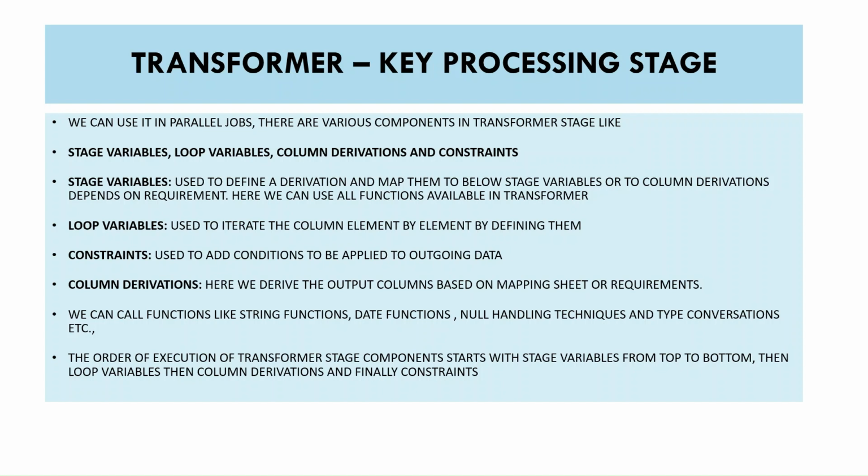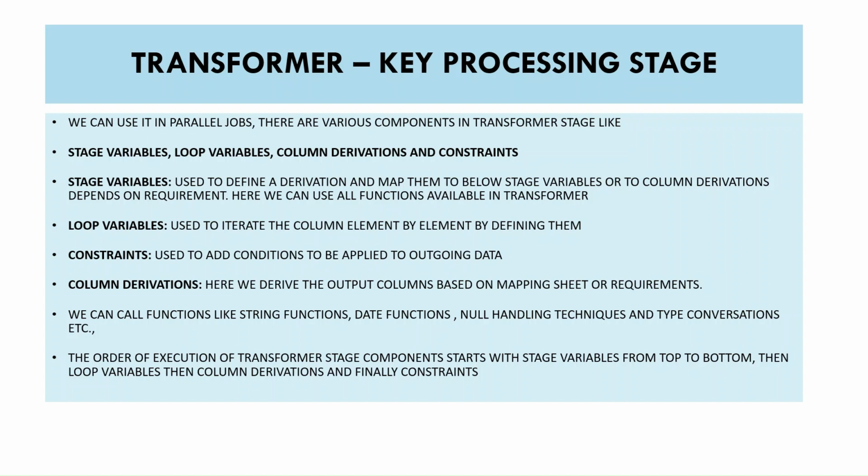Not only string functions, we can also apply type conversions. Say suppose my incoming column is coming in float, but I would like to change it to decimal, or incoming data is coming as a string, but I would like to change it to date. Likewise, we can do the type conversions, and then we can apply mathematical functions as well. All kinds of mathematical functions can be applied.